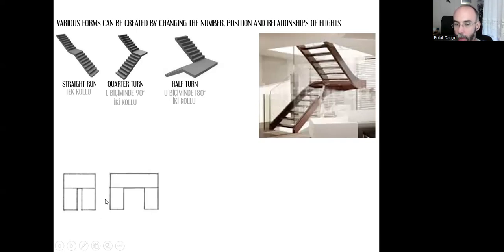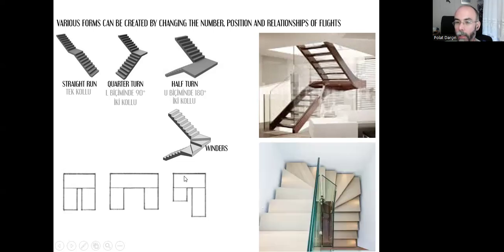They can be equal. The gap in between can be wider or shorter, or one flight can be shorter and the other longer. And like the quarter turn, instead of a landing, we can have winders as well.